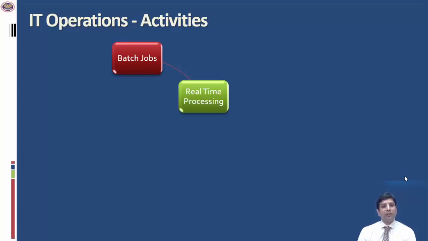For example, when a sales invoice is raised in an ERP, the corresponding accounting entries will automatically be available in the general ledger and the sub-ledgers. There is no time delay between the transaction happening and the posting of the accounting entries. So that is what real-time processing refers to.